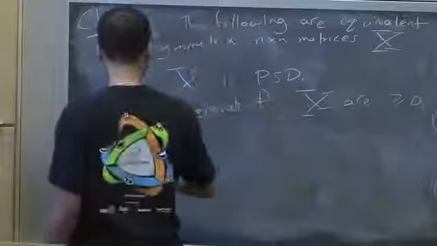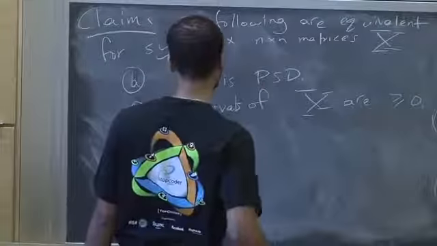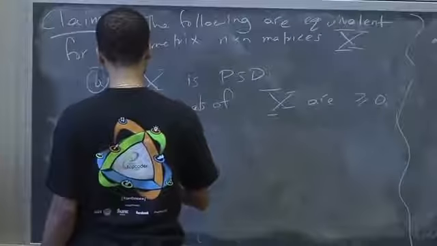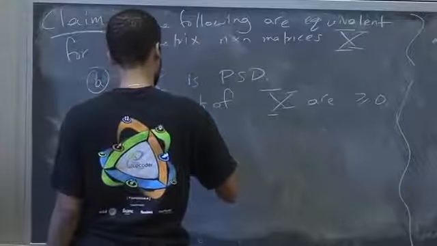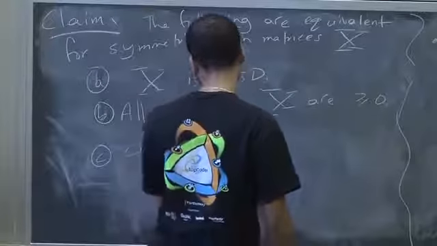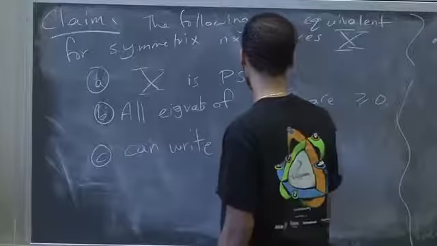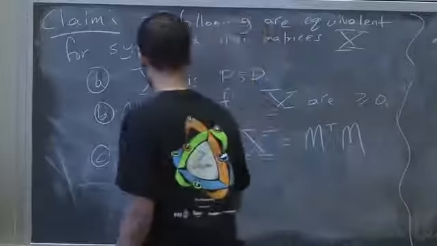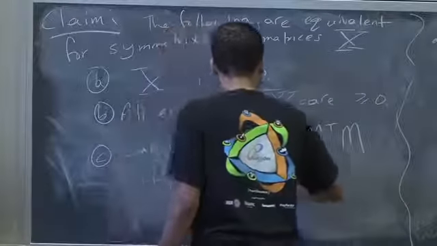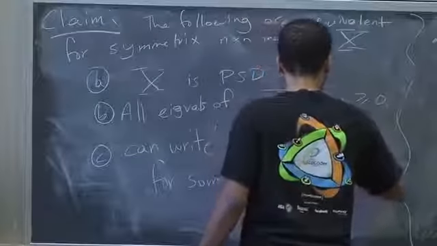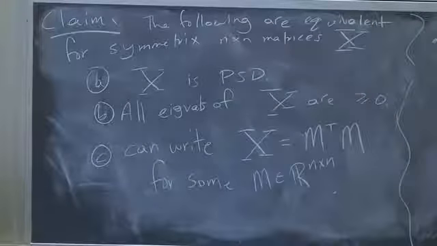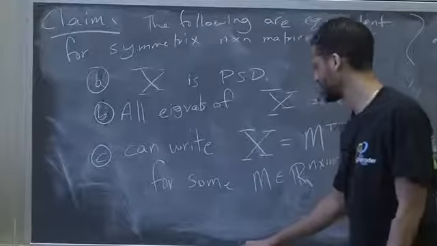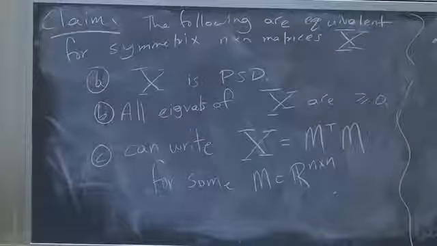And C, we can write X as M transpose M for some real matrix M. Okay, so if these things don't look familiar to you, then for lecture, just take them as truth, and you can find them in pretty much any linear algebra book.